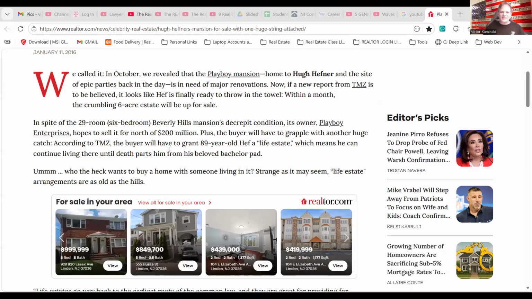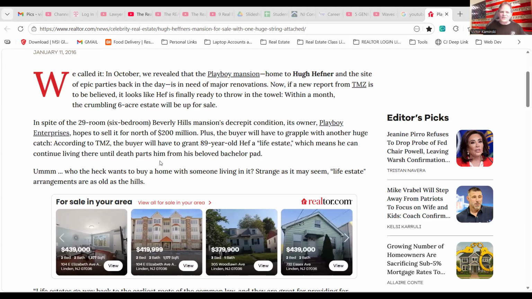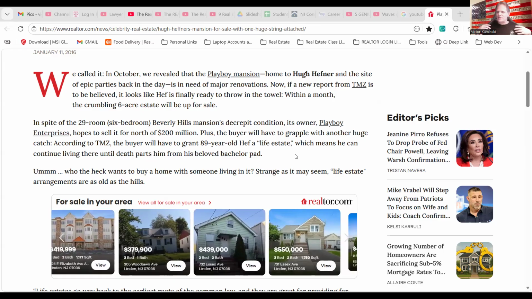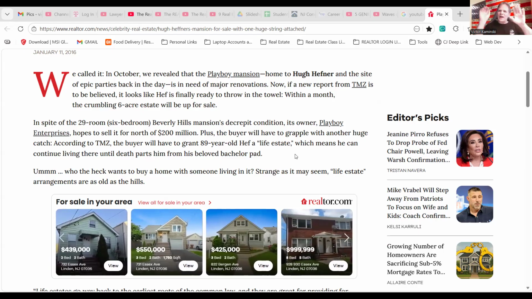According to TMZ, they'll have to grant the 89-year-old Hefner a life estate, which means that he can continue living there till death departs him from his beloved bachelor pad. So imagine this: buying a mansion for $200 million, and you can't move in it until the current owner dies, because you buy it from them and then you have to give them back a life estate.